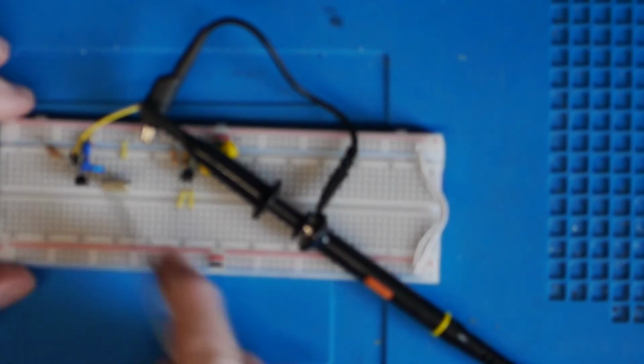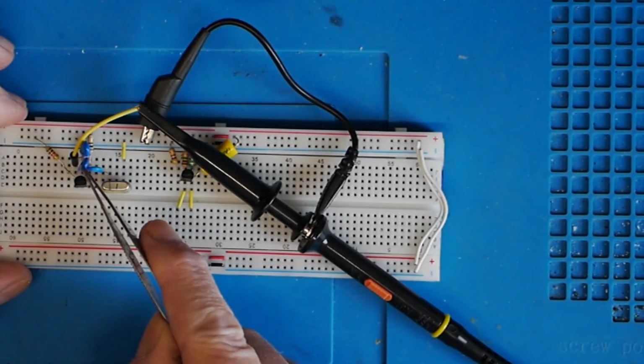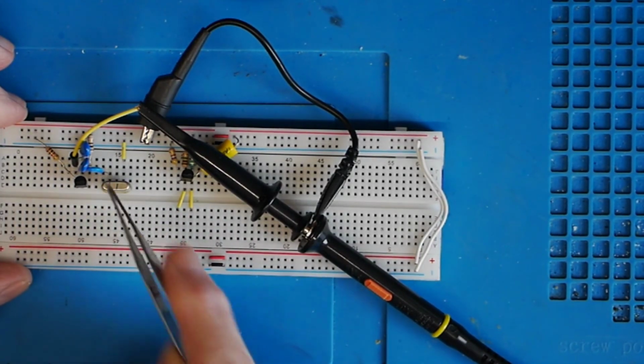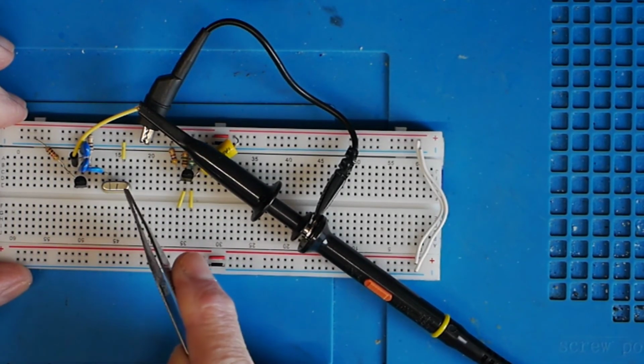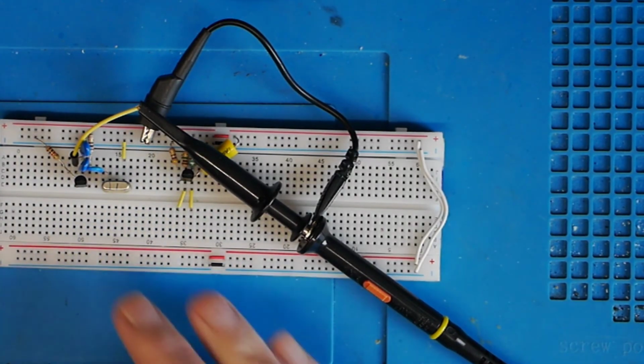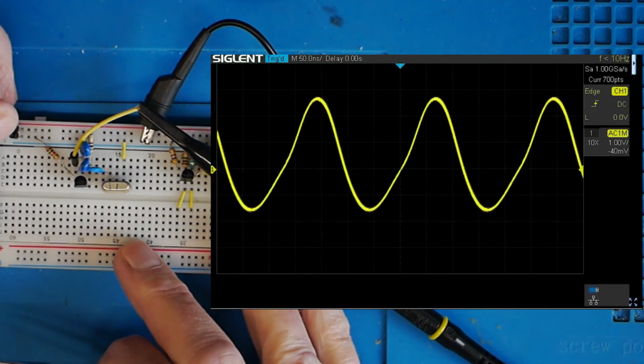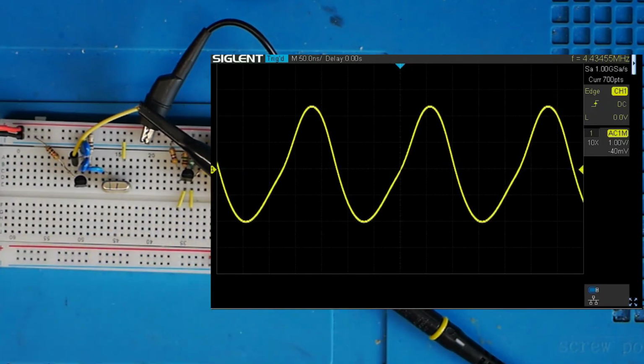On then to the parallel resonant circuit. The two 47 picofarad capacitors are there. That's the 220. Here we've got the crystal going through to ground there on that jumper. You can see the scope here, so let's apply power. And we've got something that's a much nicer sine wave this time.